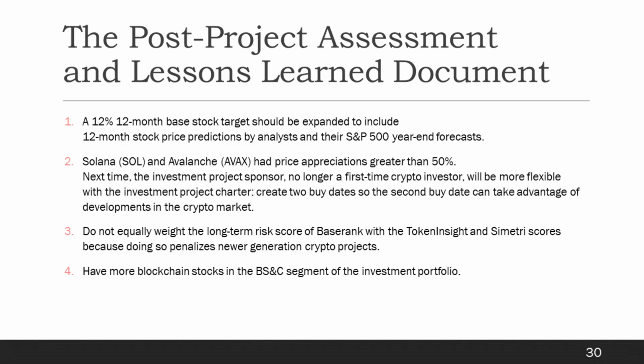Equal weighting a base rank score for long-term risk with the token insight score and the symmetry overall grade score penalizes newer generation crypto projects against older generation cryptos which have put in the time to prove their mettle. It would be erroneous to discount first mover advantage and experience.